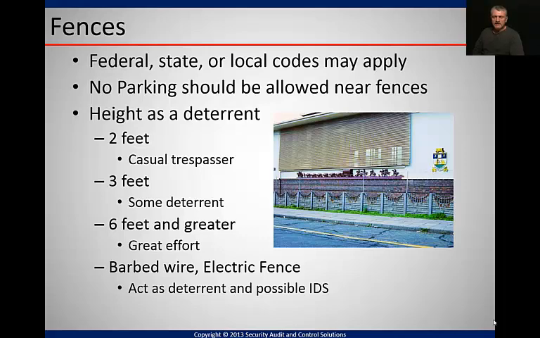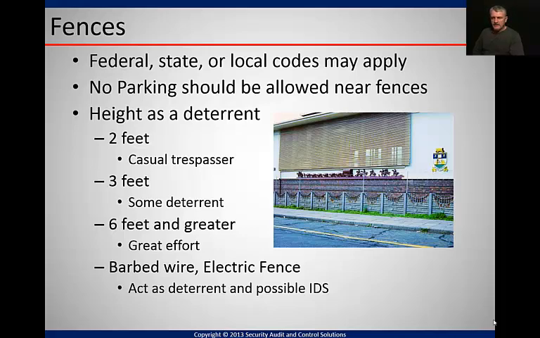At 6 feet or greater, a great effort is needed by the trespasser to get over it. And there are also issues like barbed wire or electric fence. Electric fence can also act as a possible intrusion detection system, meaning that if somebody cuts the wire, because there is electricity on it, that would be indicated in a central environment.